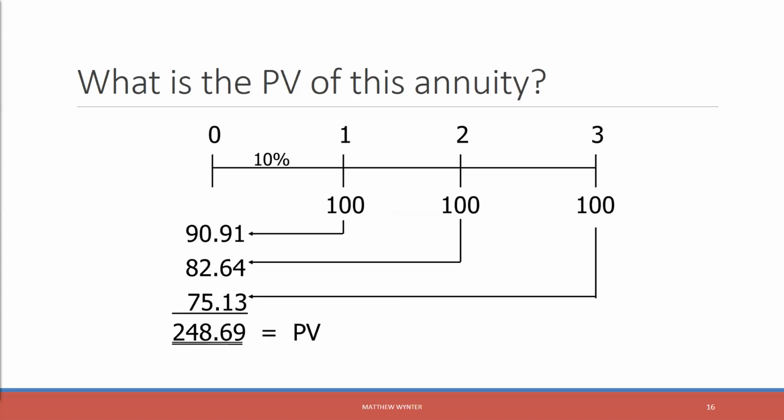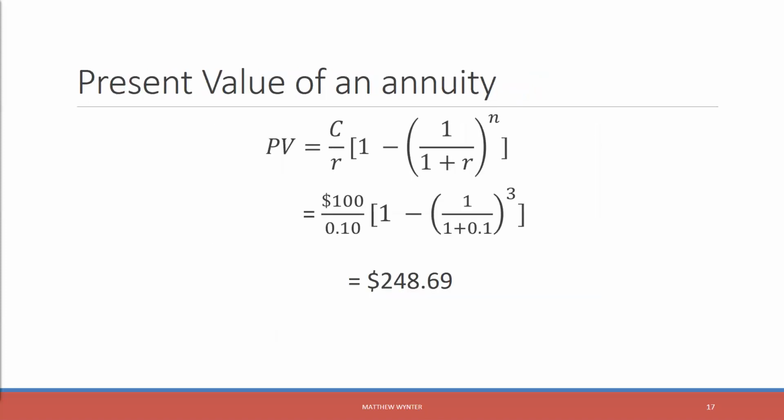The 82.64 is 100 divided by 1.1 squared. And so on for the 75.13, that's 100 divided by 1.1 cubed. We add those up, we have our present value. Alternatively, we could plug our numbers into our annuity formula.